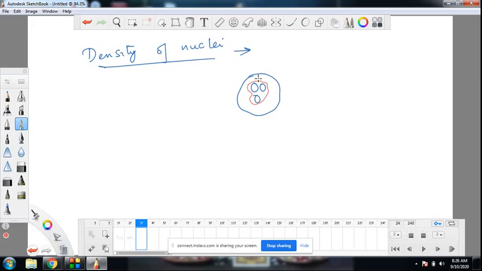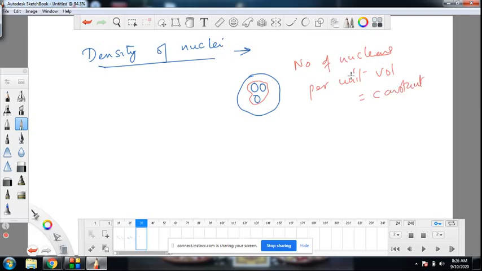You can take iron, aluminum, copper, whatever nucleus you take, the number of nucleons in a certain given volume is the same. So the number of nucleons per unit volume is constant.